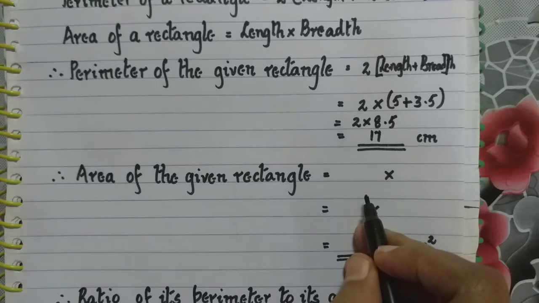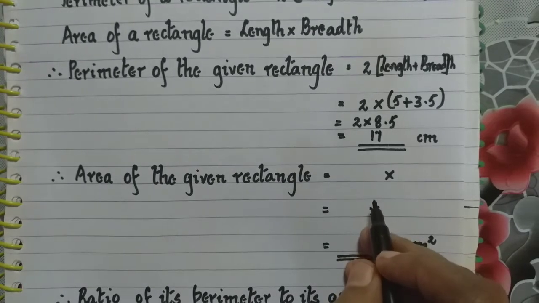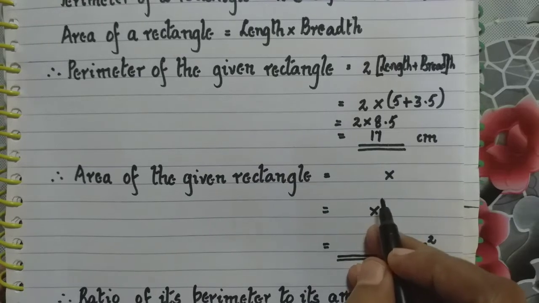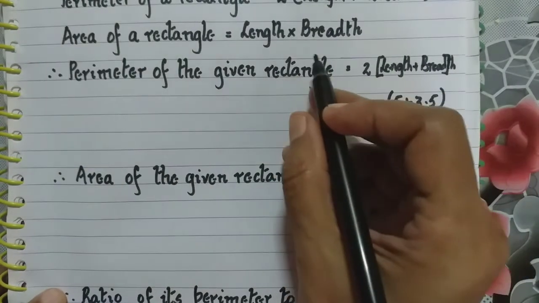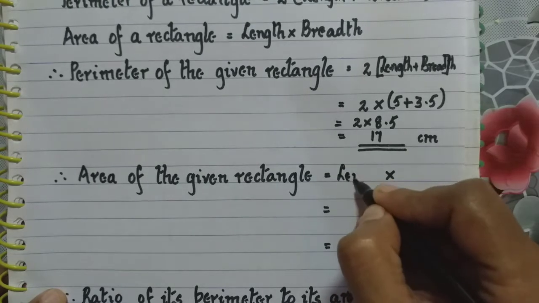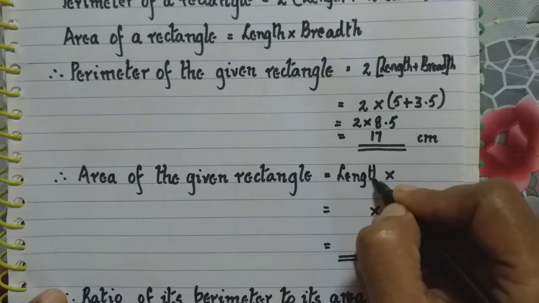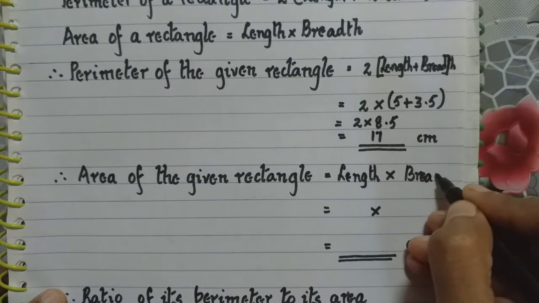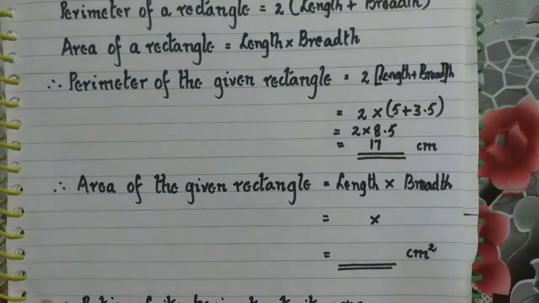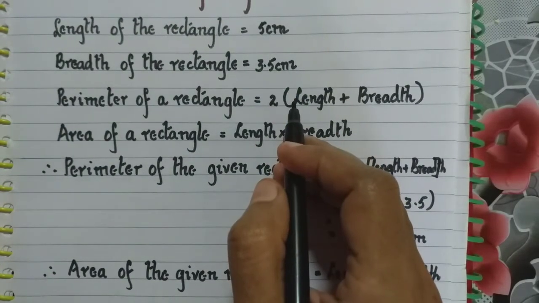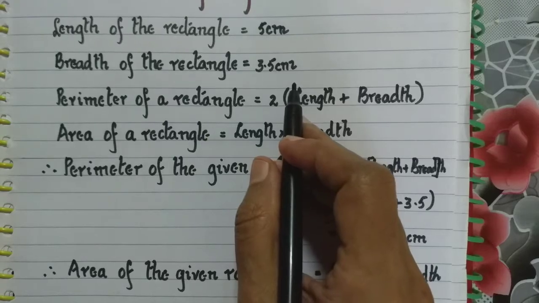Now going to the area of the given rectangle. Now how do we find the area of the rectangle? We had written the formula length into breadth. And what is the length here? 5 centimeter. What is the breadth here? 3.5 centimeter.